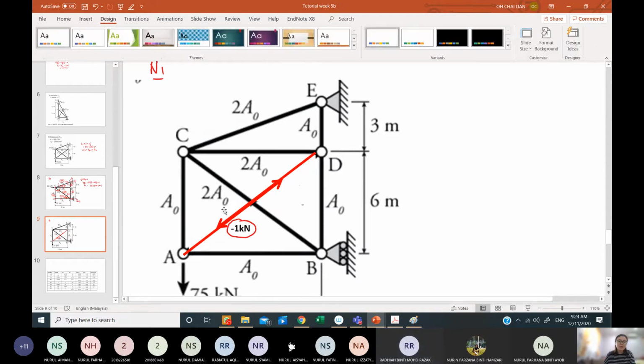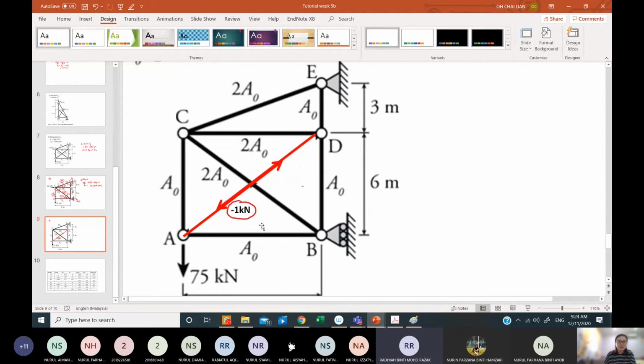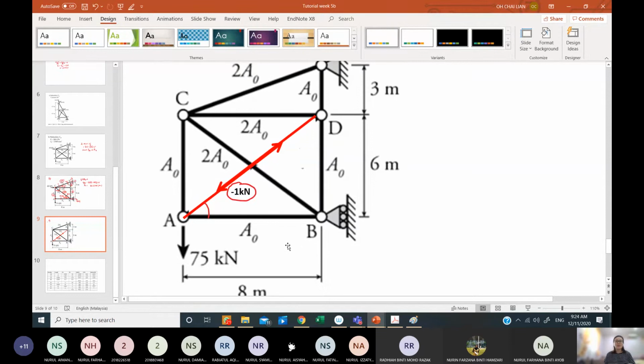You just need to get some of the angles, maybe this angle. How much is that angle? Can anyone help? 36.9, about, right? 36.87, something like that, but I just put 36.9.